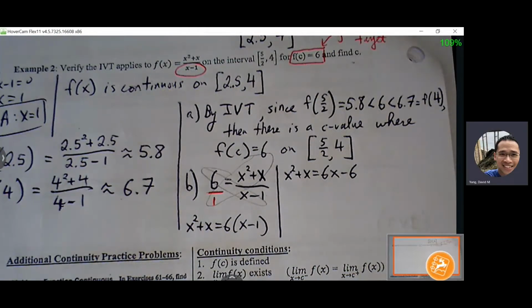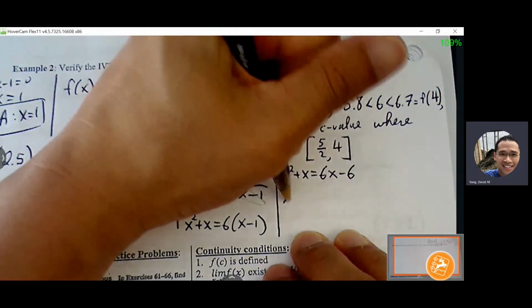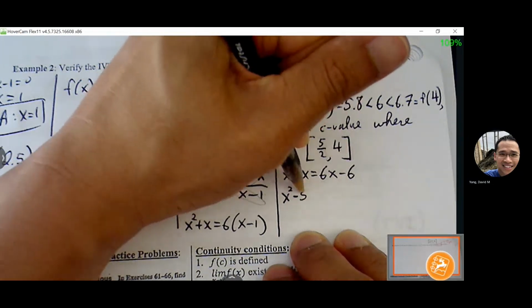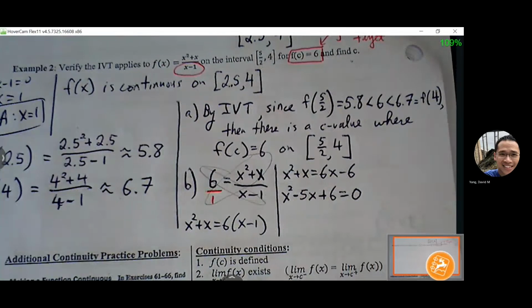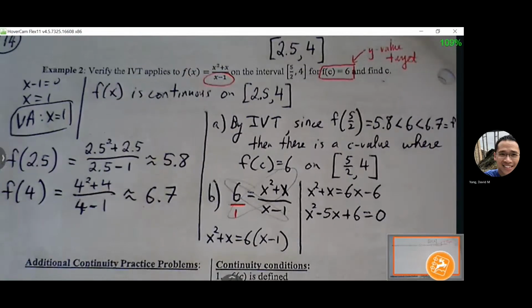Okay, what do you think we need to do next? Set everything equal to 0, right? We got x squared, we got x, we got a constant. We got to bring everything over to one side. The factors multiply to be 6, add to be -5.